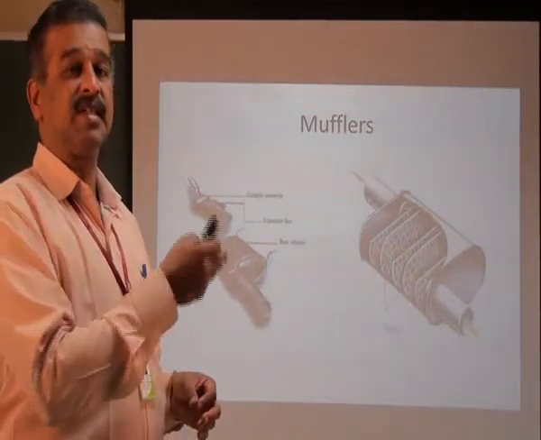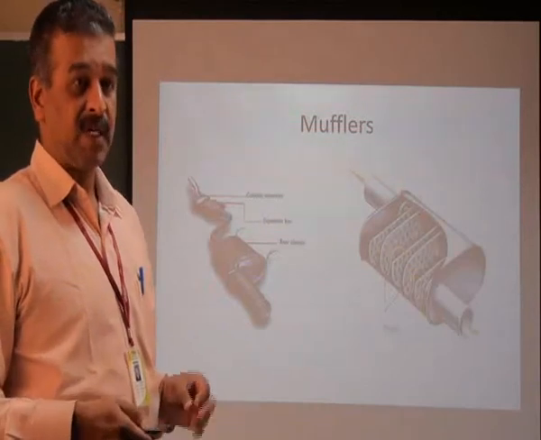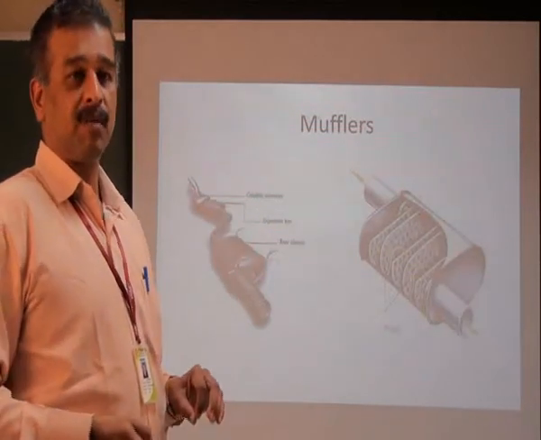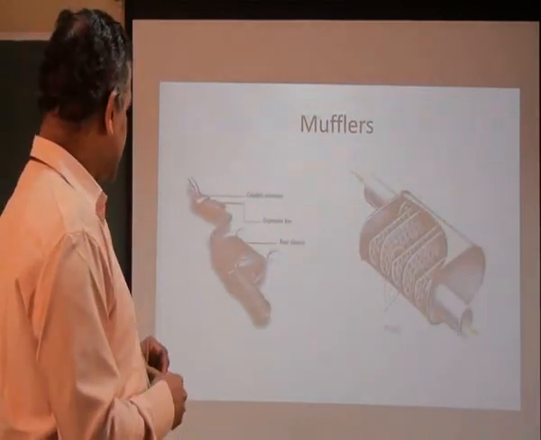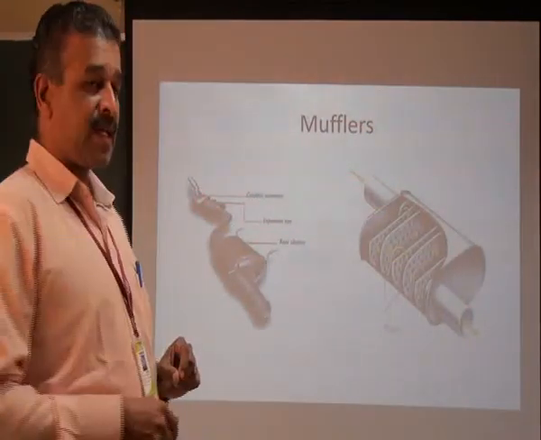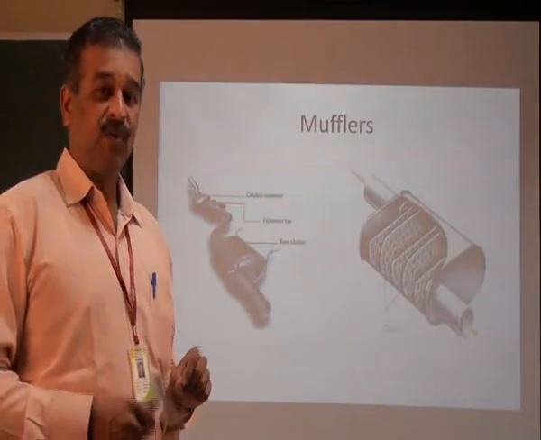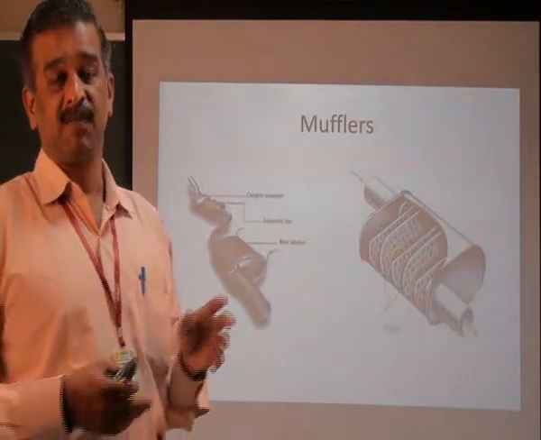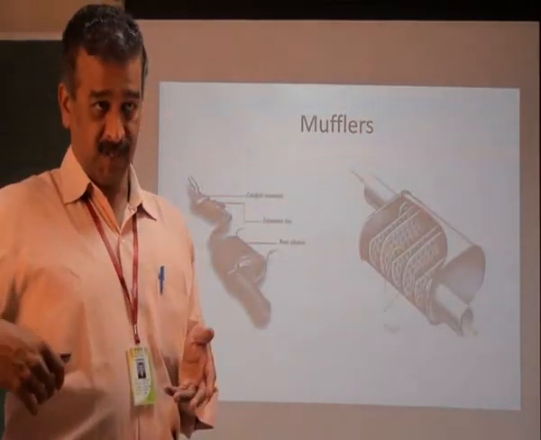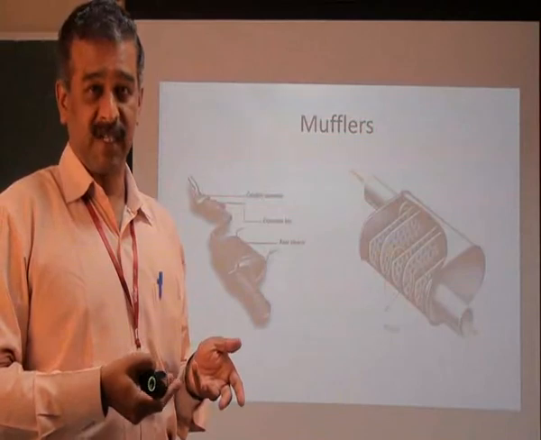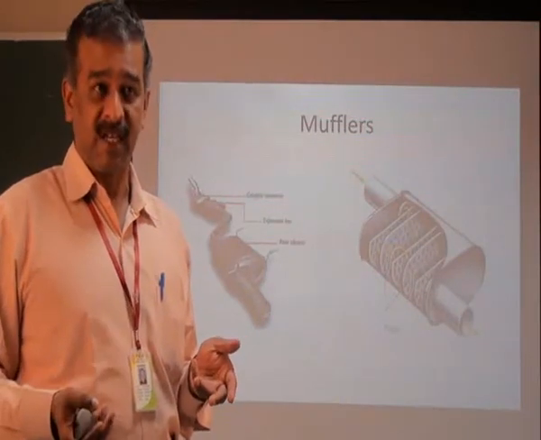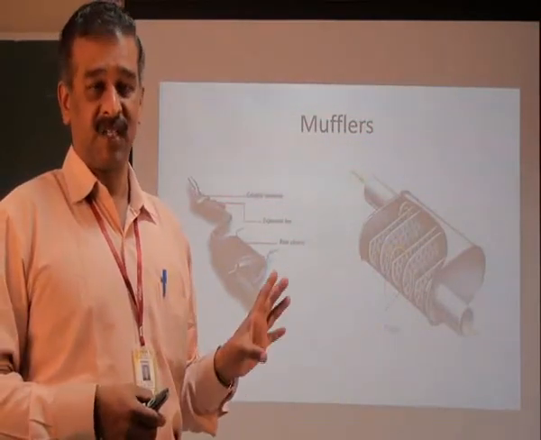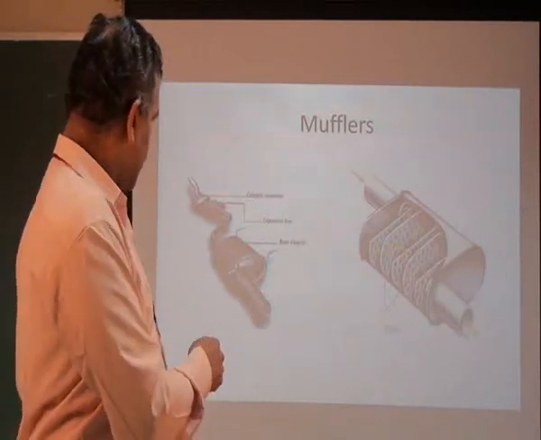Apart from this, the exhaust pipe will have an important part called the catalytic converter. You can see here. The catalytic converter neutralizes the poisonous gas coming out of the engine, like carbon monoxide. It has to be converted into carbon dioxide using a system called the catalytic converter. That is also done in this way.